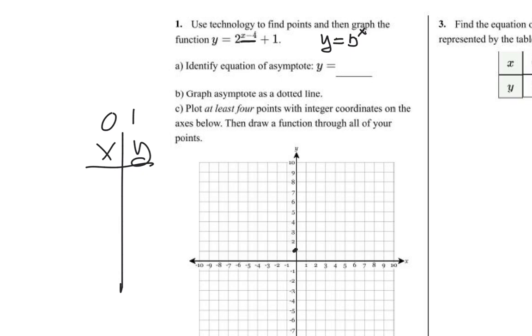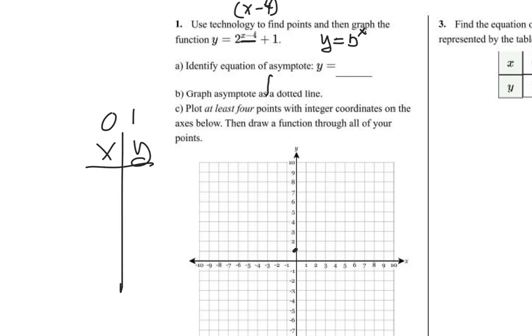But let's look at this equation. We can see that instead of x, it has x minus 4. If I was to put that in a calculator, I would put it in parentheses. So remember, like on any of the other transformations we did, that shift is going to be the opposite of what it's saying.